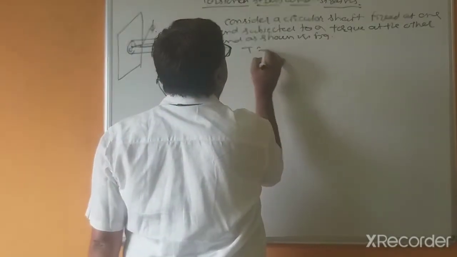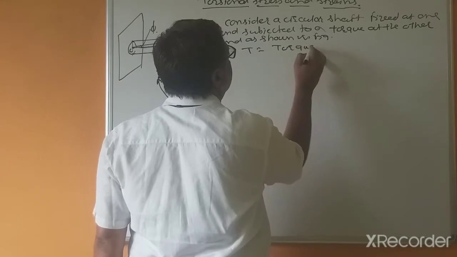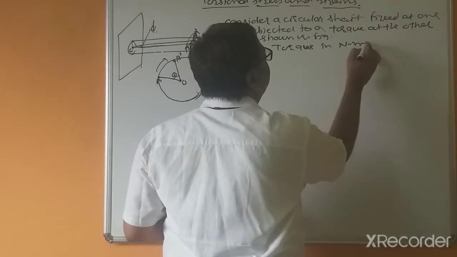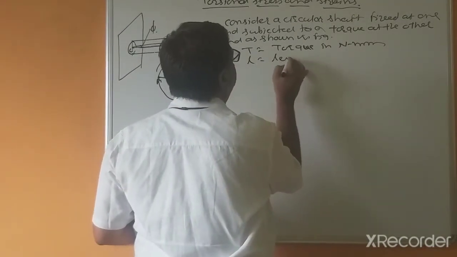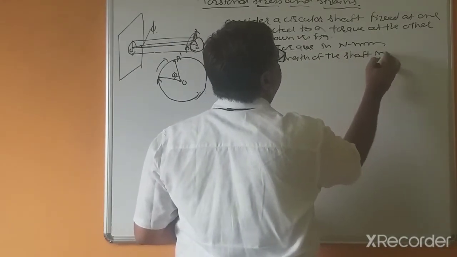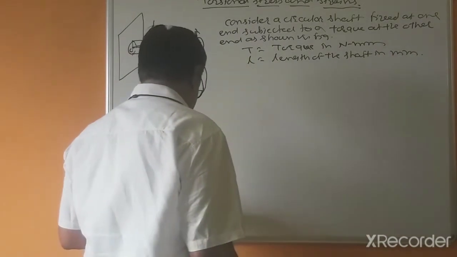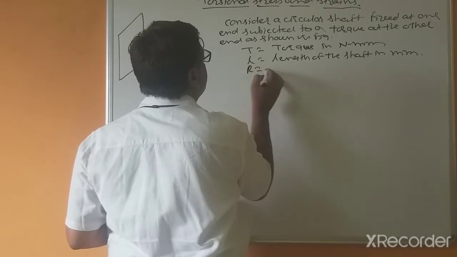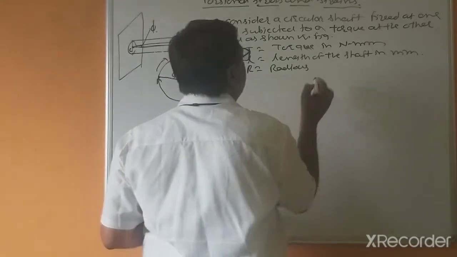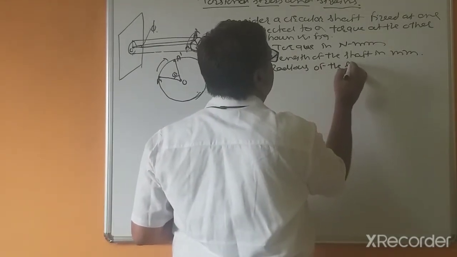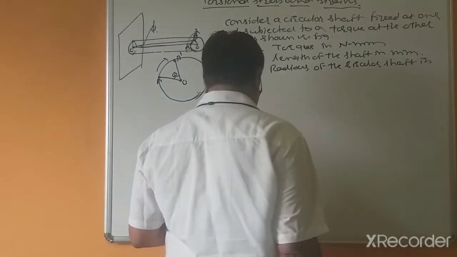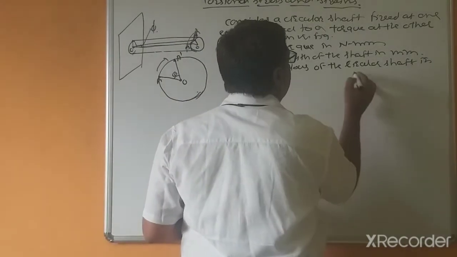T is the torque in Newton mm. L is the length of the shaft in mm. R is the radius of the circular shaft in mm.